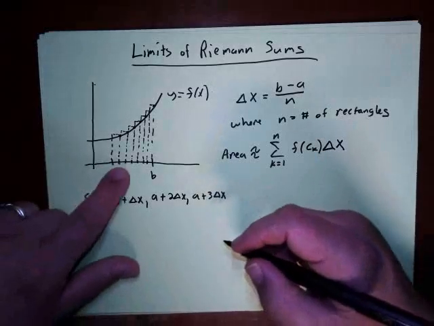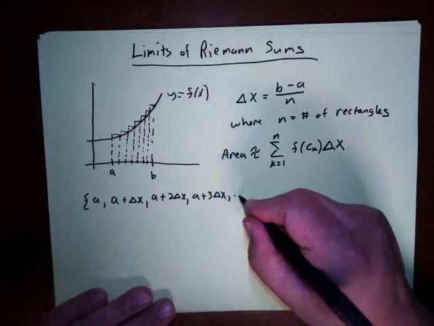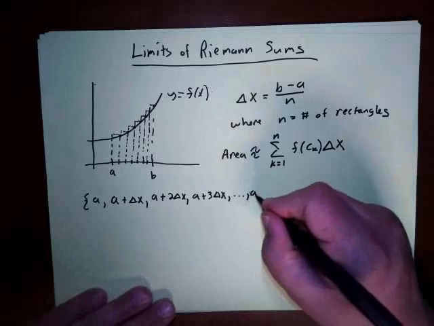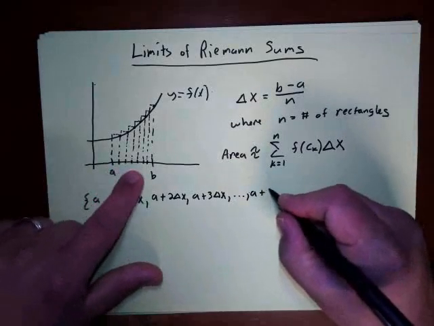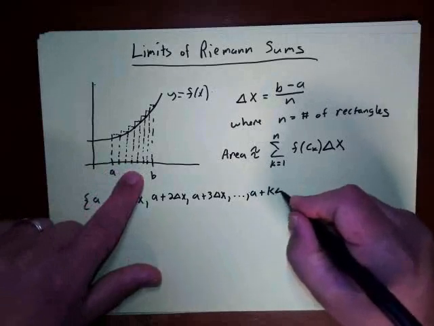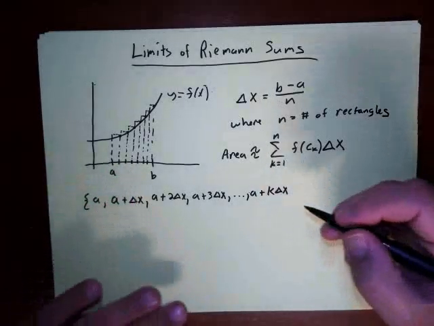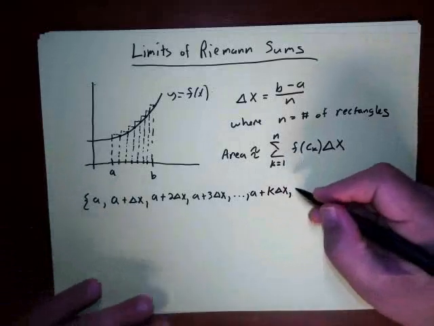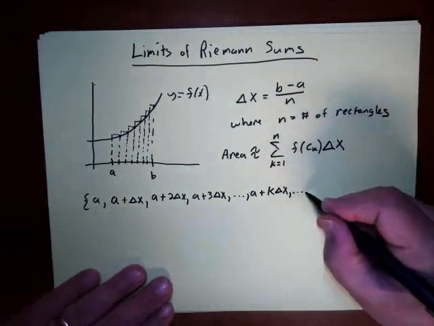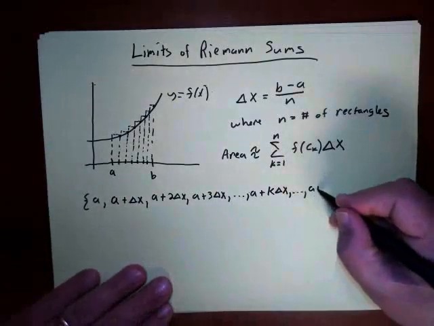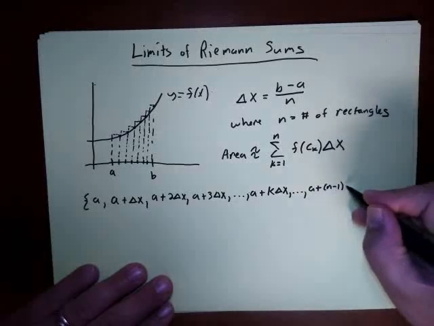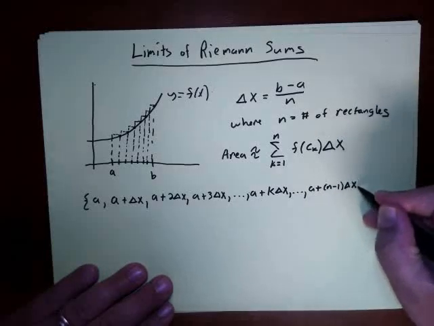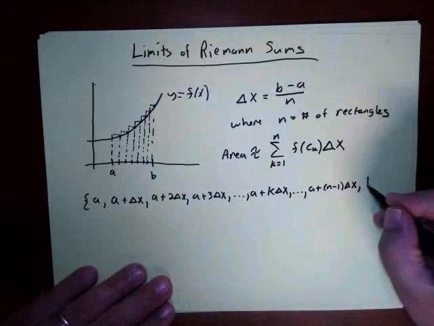So you're getting that endpoint, that endpoint, that endpoint. You would keep going, and somewhere in the middle you'd have a plus k times delta x. And then you'd keep going, and you would get a plus n minus 1 times delta x, and then you would have just b.